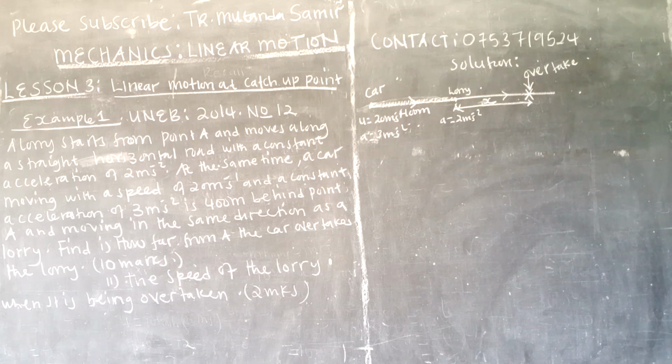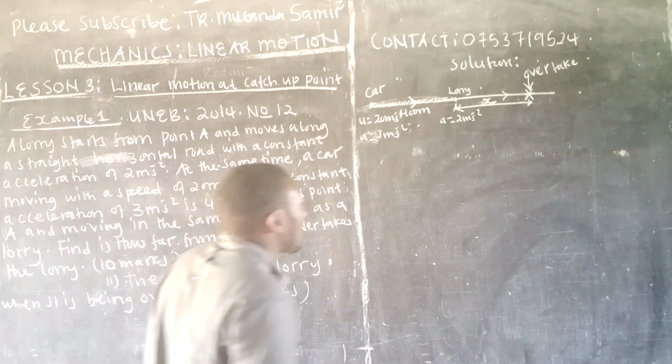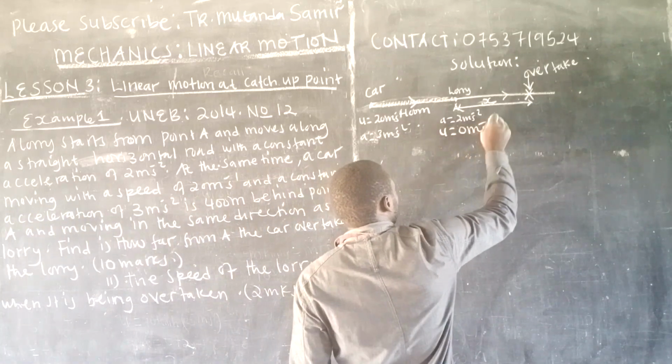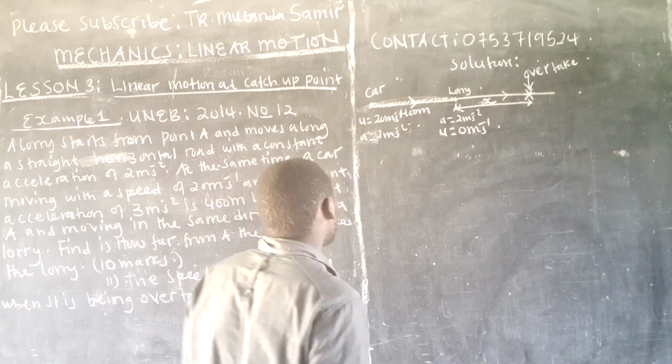So the lorry is just starting from point A. That implies that its initial velocity is 0. Here, the lorry is starting from rest, so its initial velocity is 0. We have to put that into consideration.